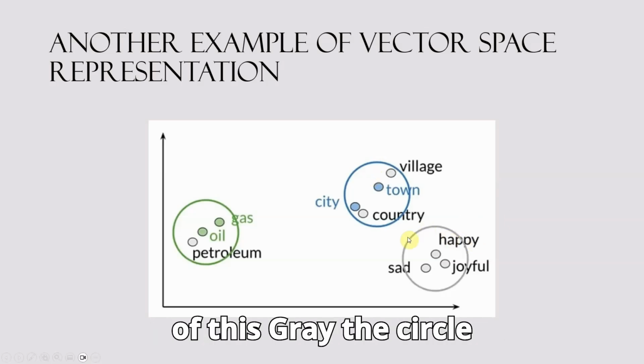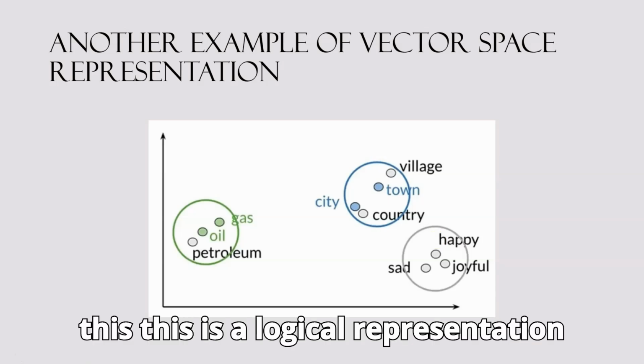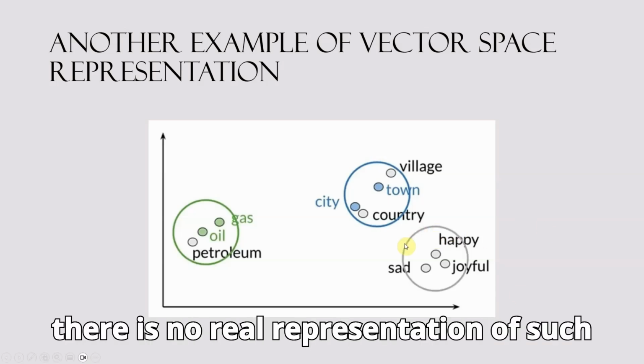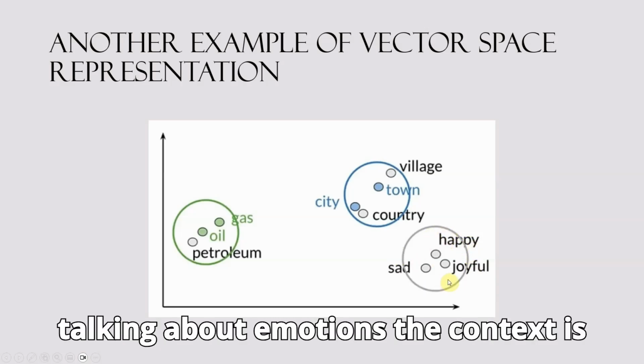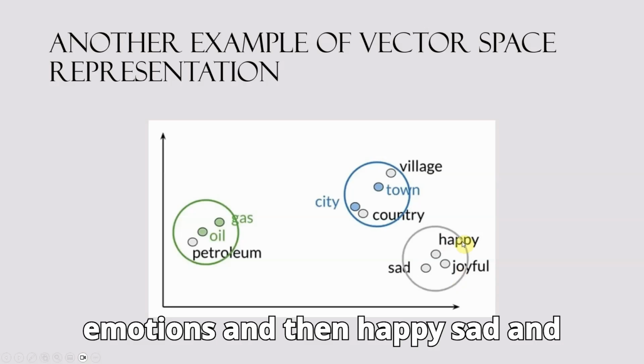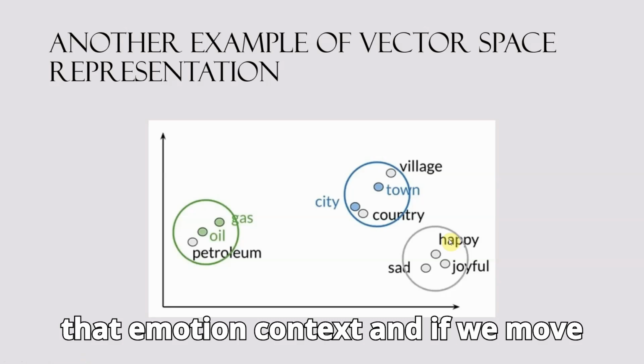For example, this gray circle in the vector space is a logical representation. There is no real representation of such circles, but this space is talking about emotions. The context is emotions, and happy, sad and joyful are the meaningful words within that emotion context.